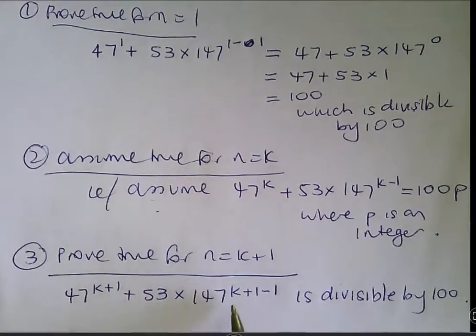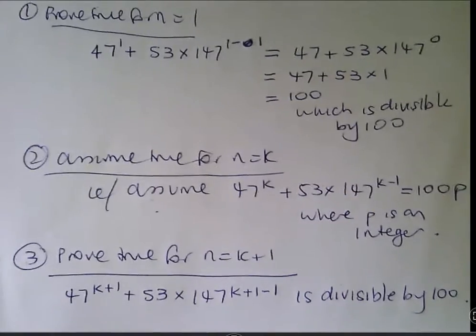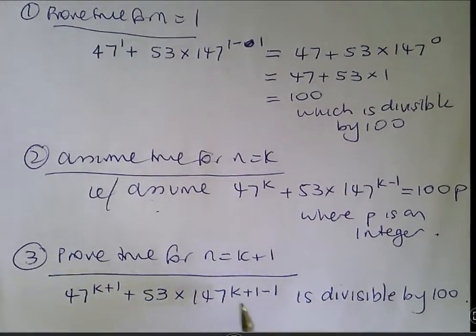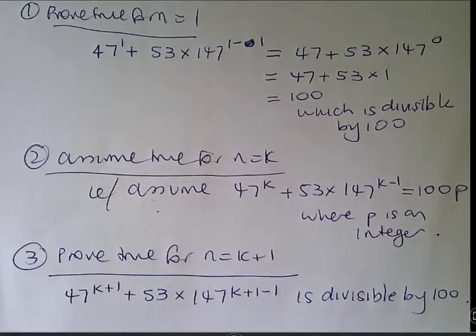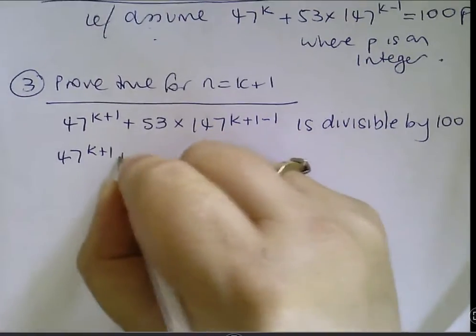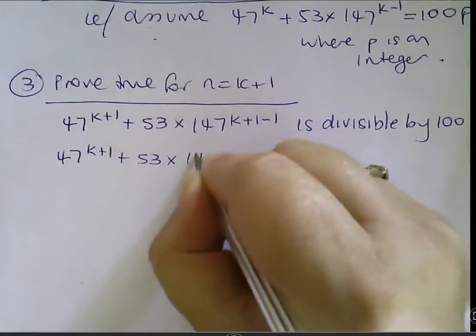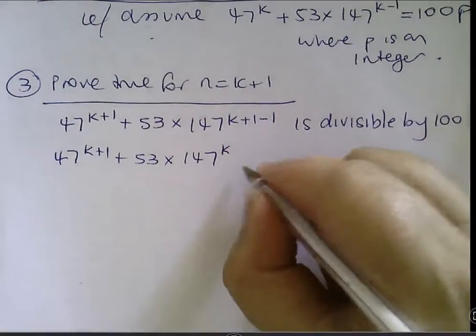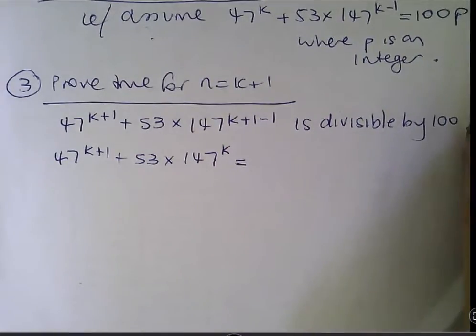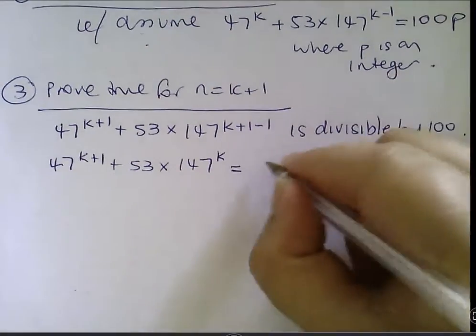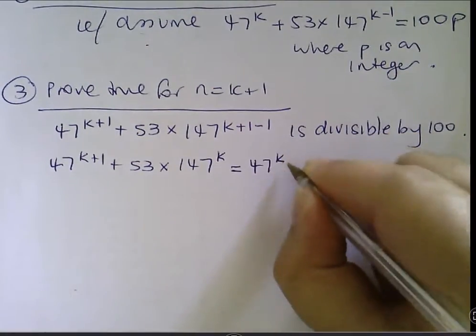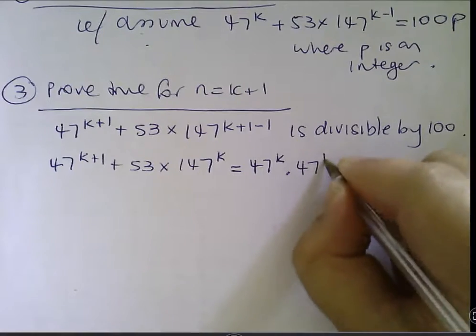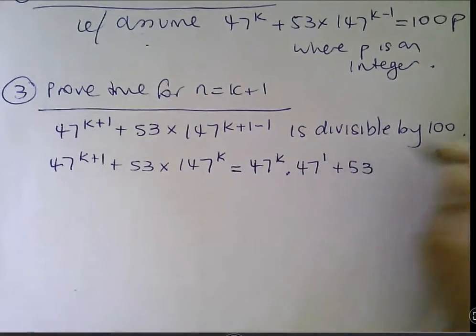So I've just replaced my n's with my k plus 1. 47 to the k plus 1 plus 53 times 147 to the power of k is equal to 47 to the k times 47 to the power of 1 plus 53.